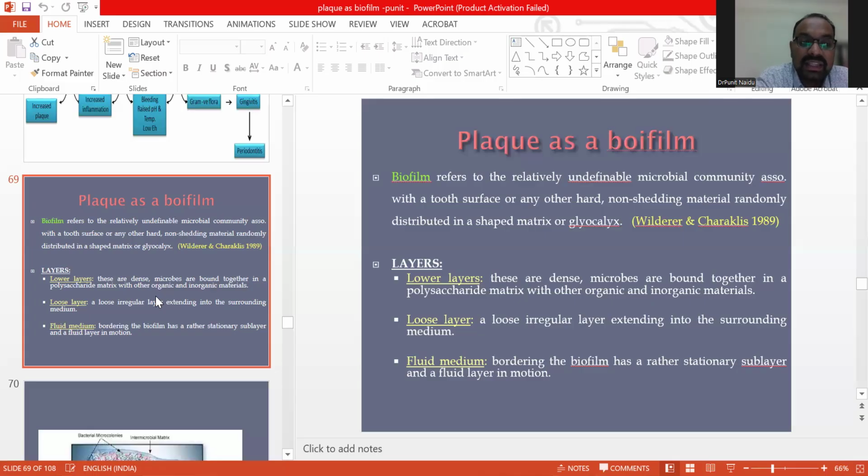Lower layer: these are dense microbes which are bound together in a polysaccharide matrix with other organic and inorganic material. And the loose layer is a loose, irregular layer extending into the surrounding medium. This is suspended in a fluid medium bordering the biofilm and acts as a stationary sublayer and a fluid layer in motion.